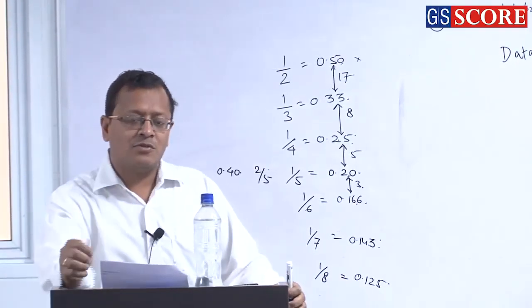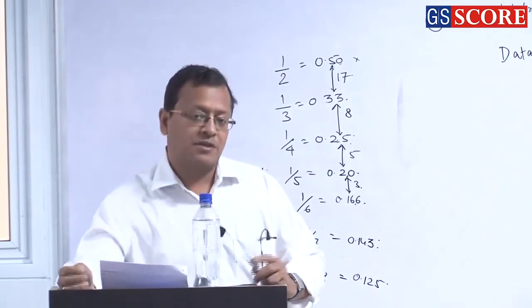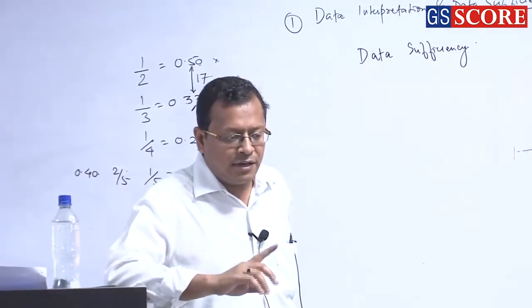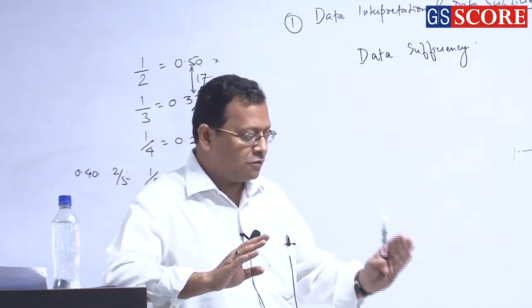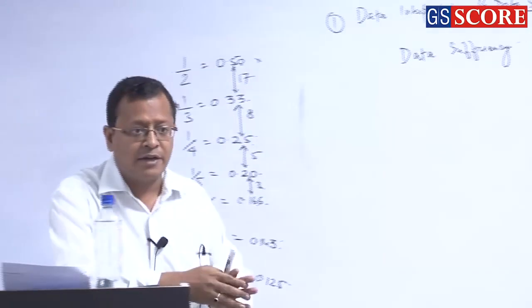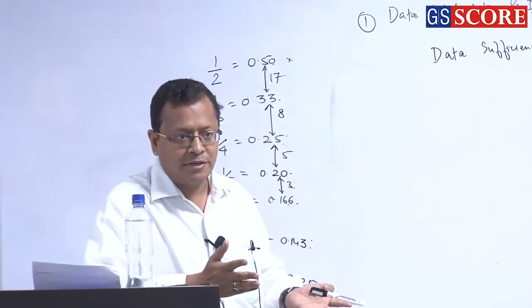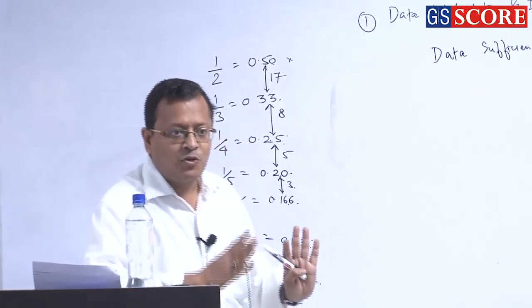Your boss tells you, Amit, we are making 4 types of cars. In the last month, how many cars have we made of brand A, brand B, brand C and brand D? Please give me the data in, say, 1 hour's time. You come back to us. We are just illiterate people.